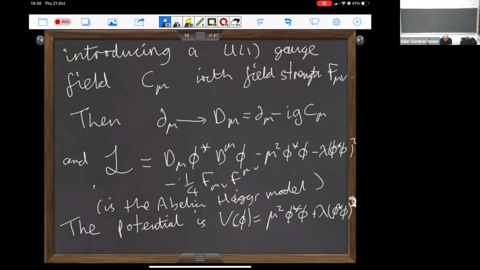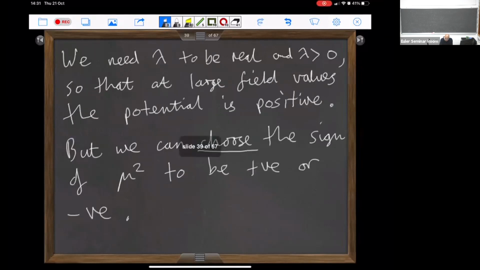So in that sense, we think of mu itself as being a complex parameter, either purely real or purely imaginary, so that mu squared itself is real. So in other words, we can choose the sign of mu squared to be positive or negative.